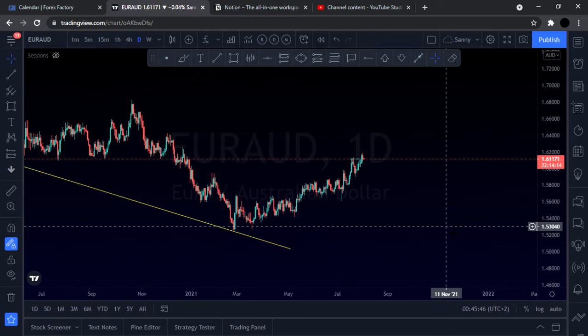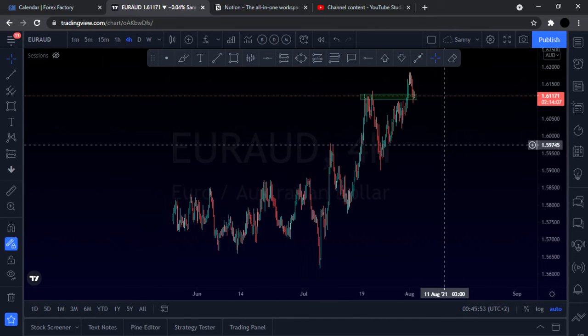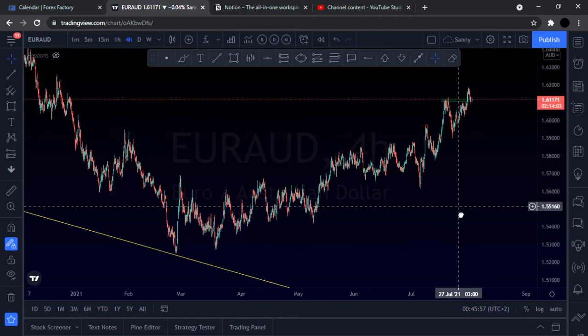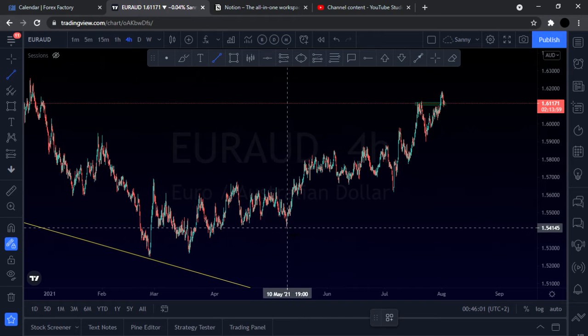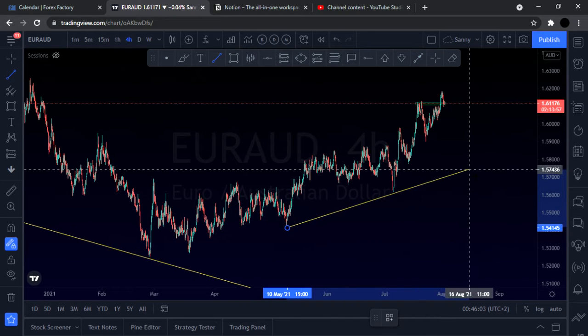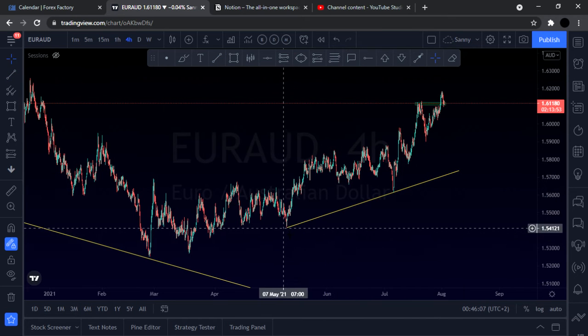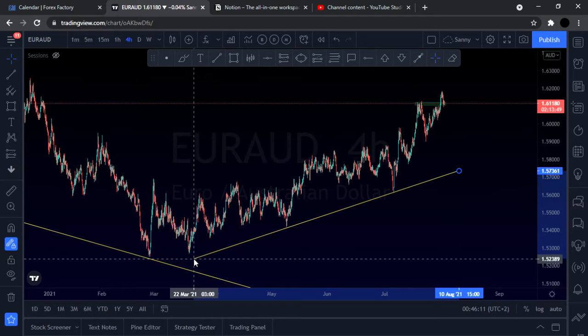And if you jump in on the 4-hour, I think you'll see that the 4-hour looks more bullish. We are seeing higher highs and higher lows being created. We do see higher highs and higher lows being printed.